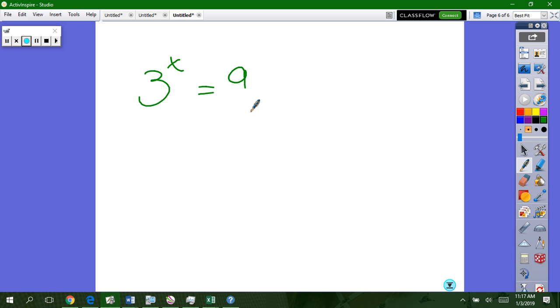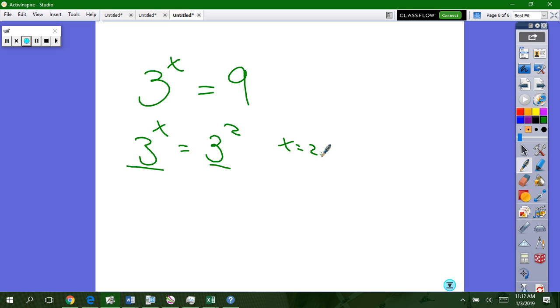We know it's 2, right? 3 times 2. So the way to better solve this is we have to make the same base. Because if they're the same base, shouldn't the exponents equal each other? So x equals 2.